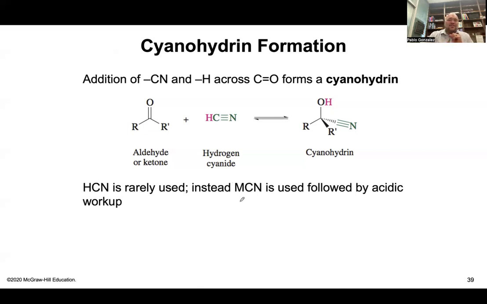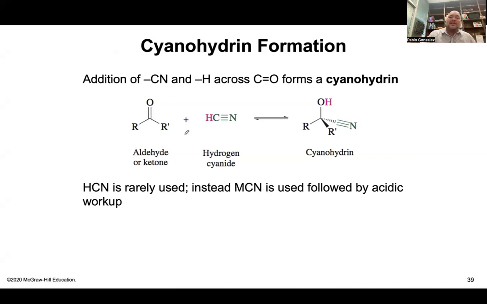If you compare this to this, this is an ionic compound, remember? Because the metal is a cation and this carbon is an anion, and the anion has a negative charge. So this metal makes this a better nucleophile than in here, because in here, it already has that negative charge.